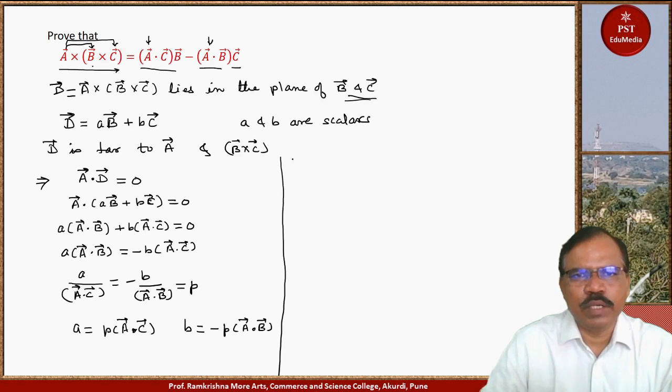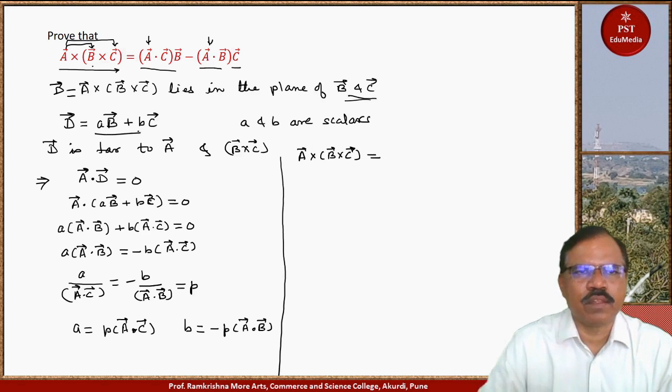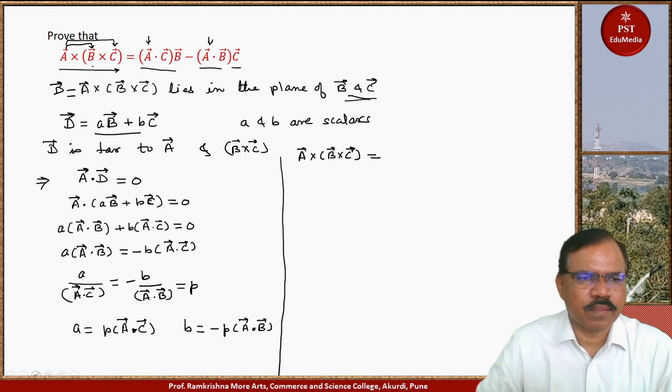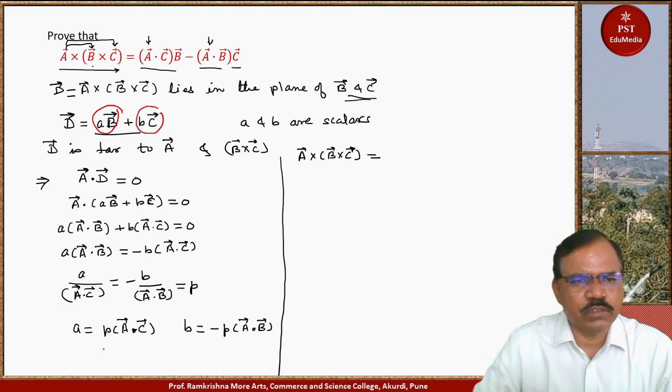So here we got A cross B cross C is equal to, meaning D is equal to this one. We got A into vector B plus B into vector C. So what is A? A is this one.